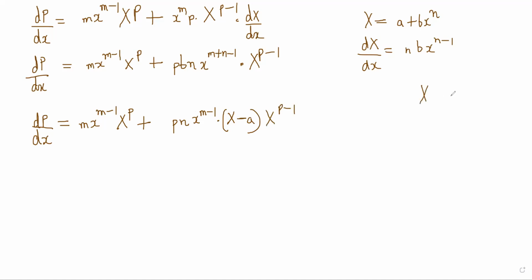Why? Because capital X minus a is actually b into x power n, right? And if you multiply b into x power n here, notice this is what is left.